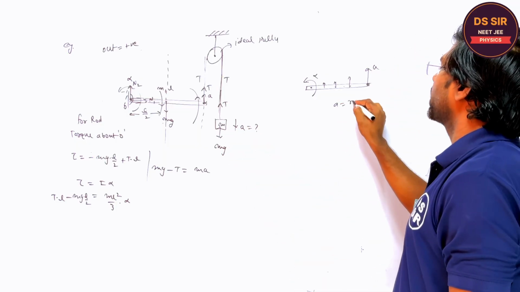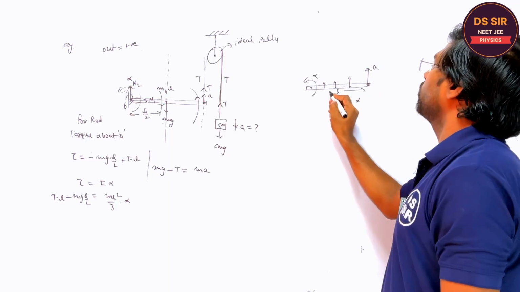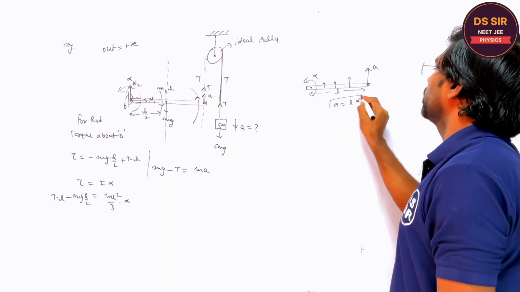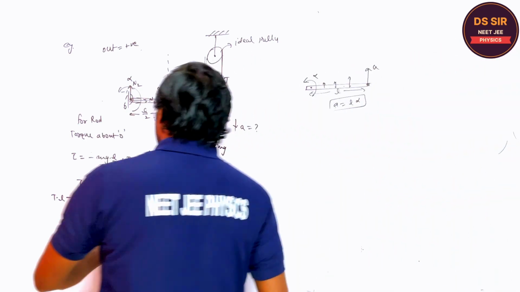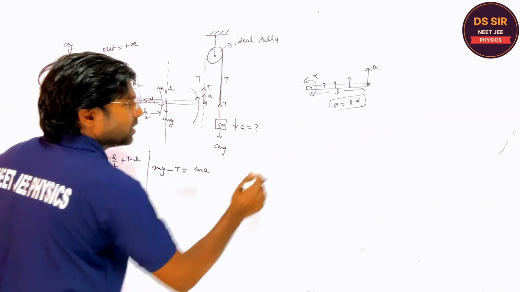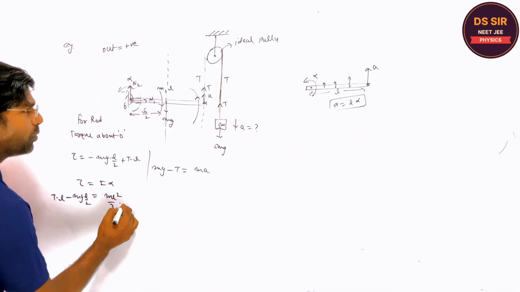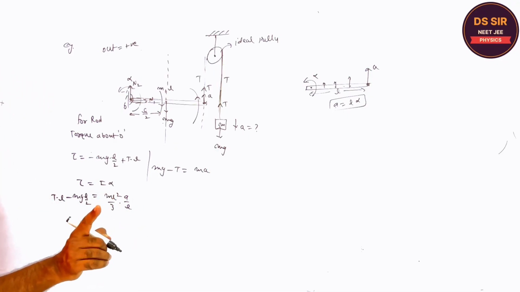So A is equal to R alpha, and what is R here? L. So the relation between A and alpha is A equals L alpha. So in place of alpha, I will put A upon L. Is it clear or not?